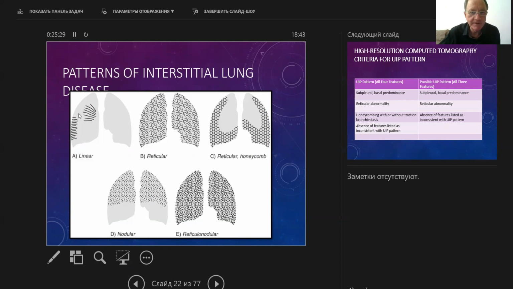For example, in case of edema, when the lung interstitium is enlarged due to edema, it's often accompanied by linear opacity, which can be visible on X-ray examination. Reticular, it's a network. Reticular honeycombing, it's small cysts. Nodular and reticulonodular. But for IPF, more typical are reticular and reticular honeycombing.